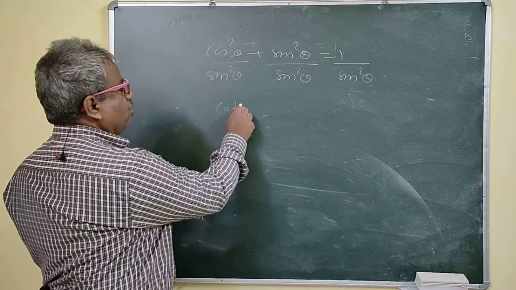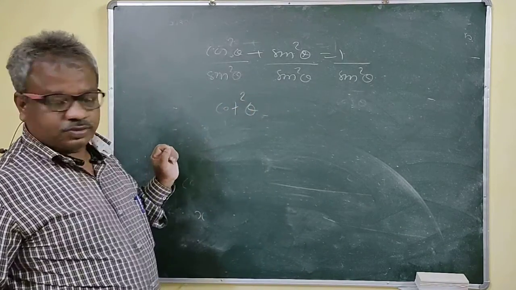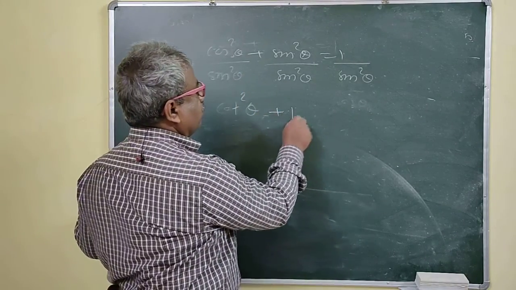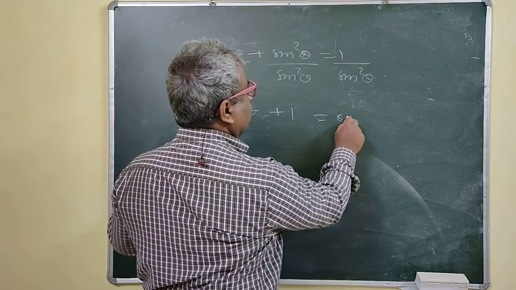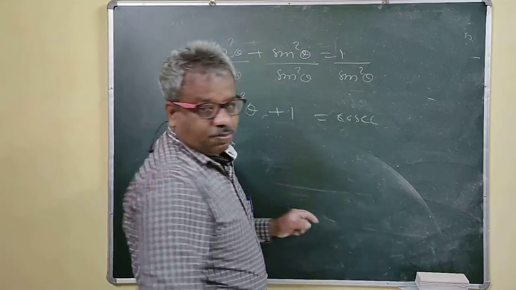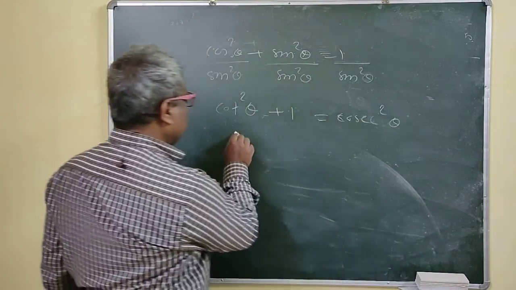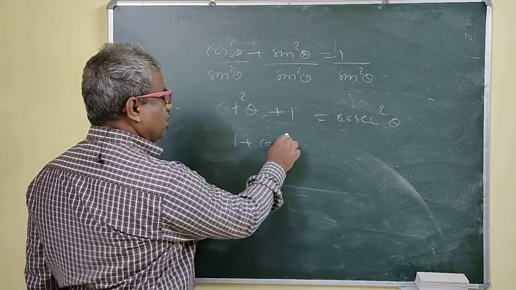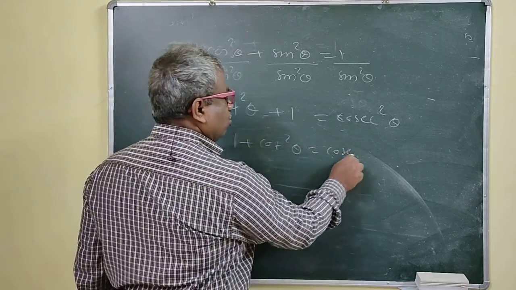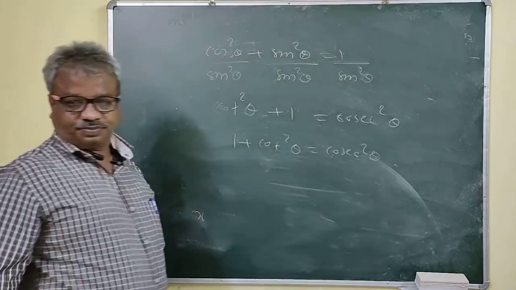This gets cancelled, this is 1, so this is what then? Cosec, because 1 upon sin is cosec, so cosec square theta. So 1 plus cot square theta is equal to cosec square theta.